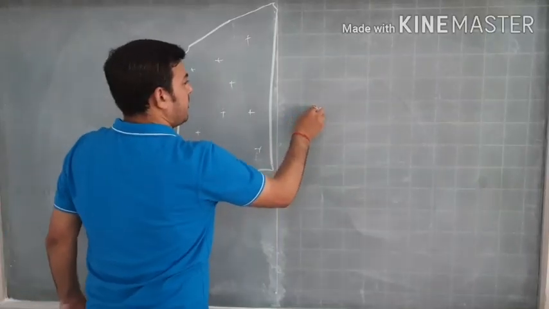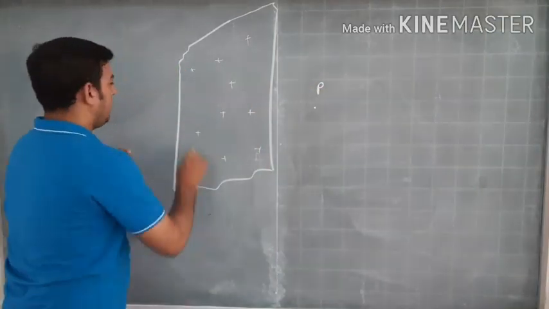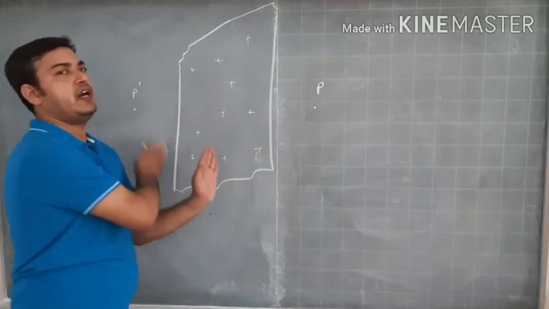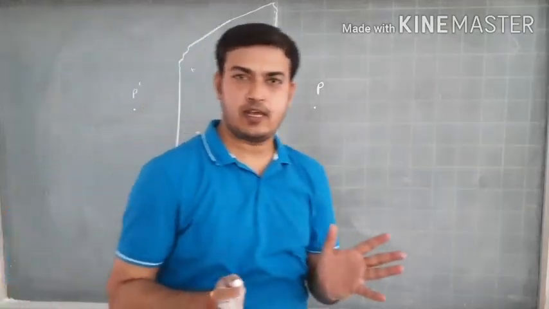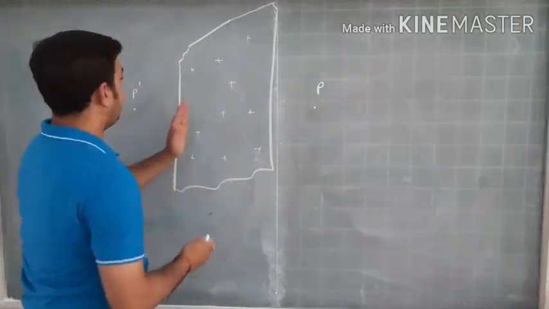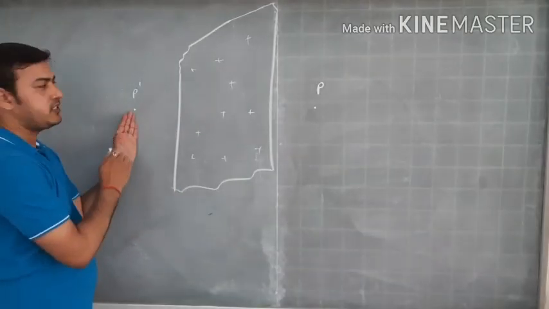So consider my point is just outside the sheet. From the symmetry, we will take another point that is just behind the sheet. This is for calculation purposes. So my point is just outside the sheet, and I have taken another point just behind the sheet.